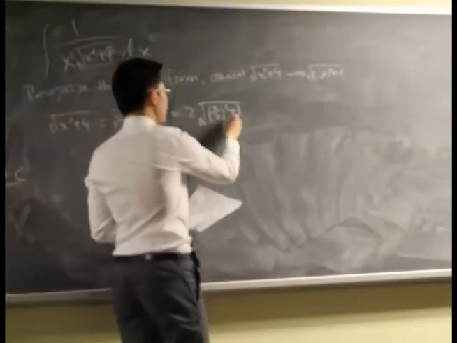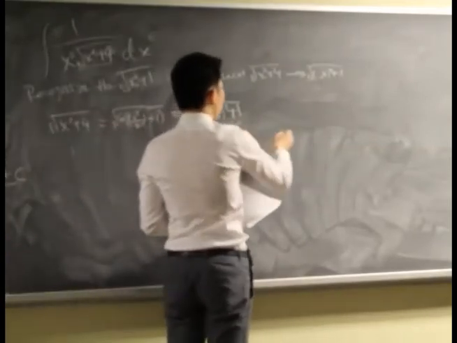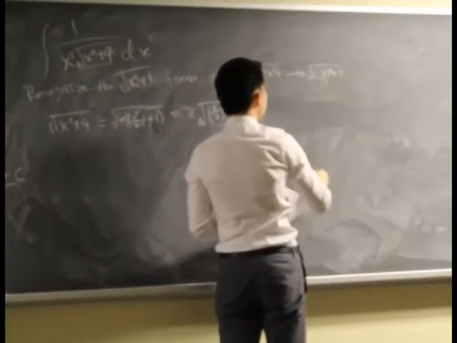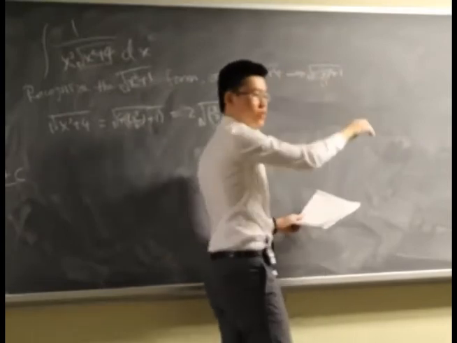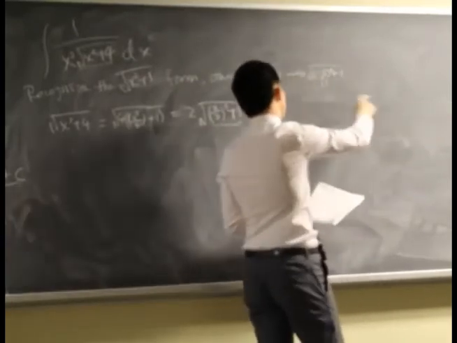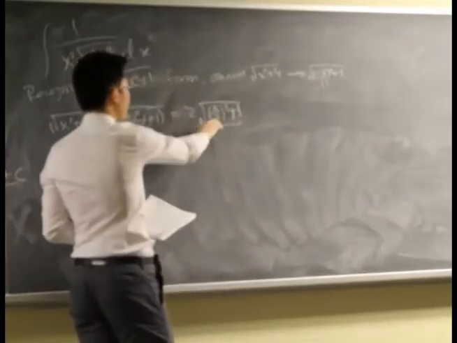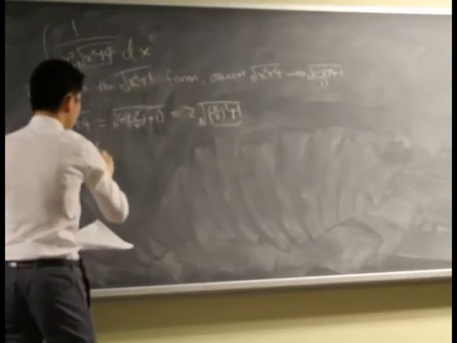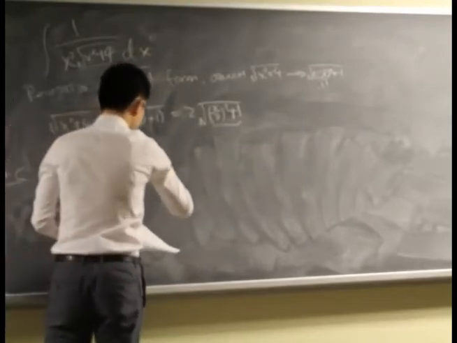Once we have this standard form, we're going to let whatever this is be the substitution we make. Usually we have just x squared plus 1, and we let x be equivalent to tangent of theta. But in this case, we have (x over 2) squared plus 1. So we're going to let x over 2 be equivalent to tangent of theta instead.